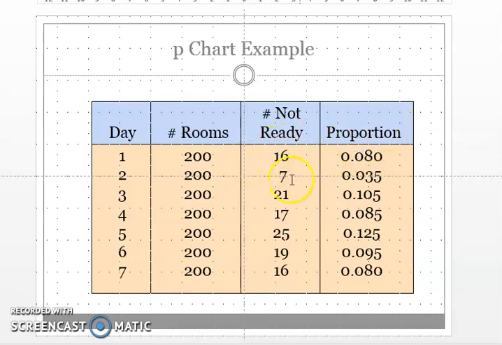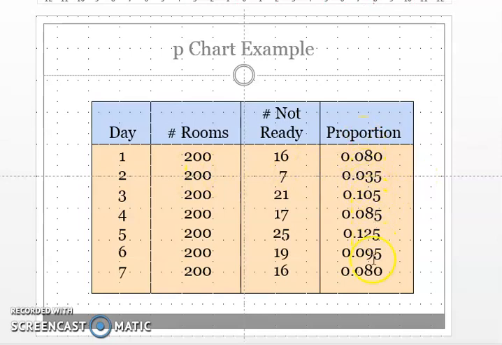Then the proportion is calculated, 16 divided by 200, the proportion for day 1. To calculate the proportion of day 2 not ready, 7 divided by 200, you will get the second day's proportion.